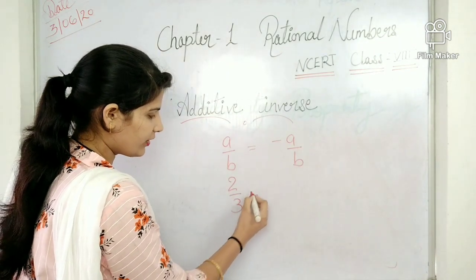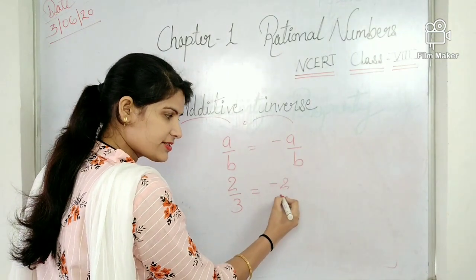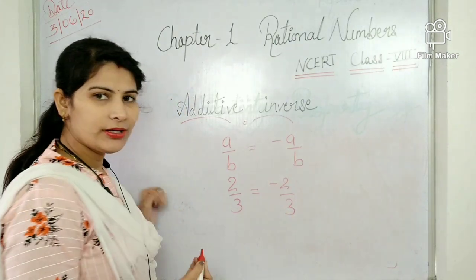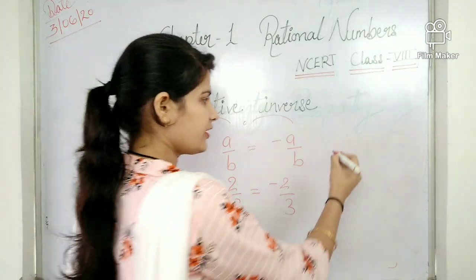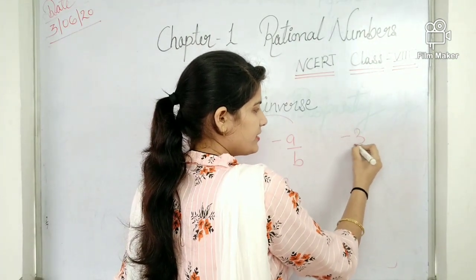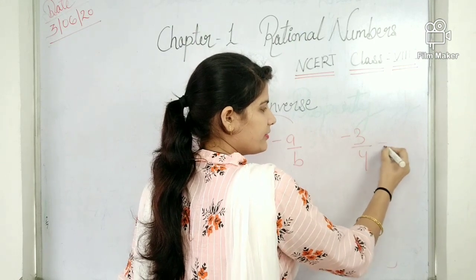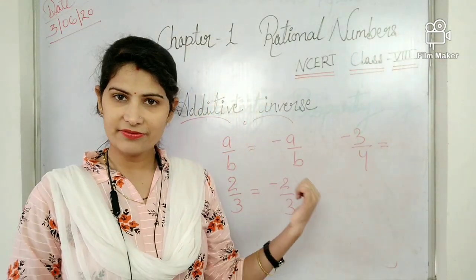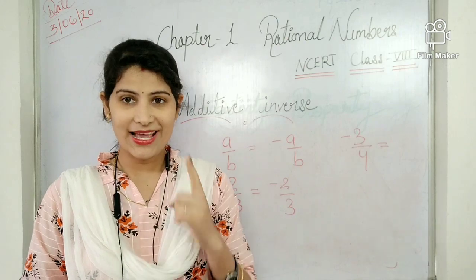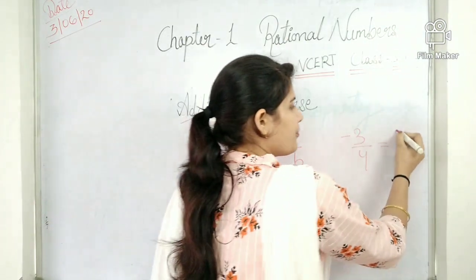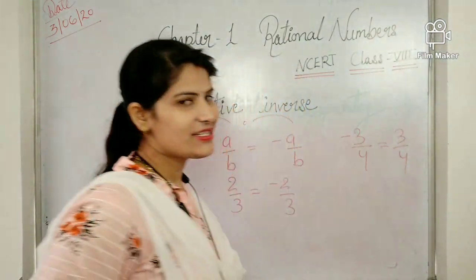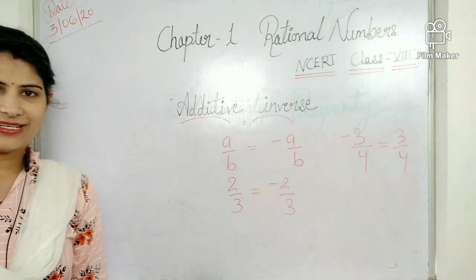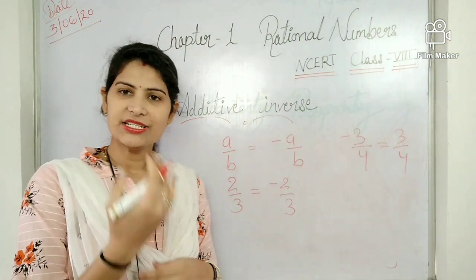The additive inverse of 2 upon 3 is minus 2 upon 3. Okay. Now tell me, what is the additive inverse of this number? Yes, absolutely right, 3 upon 4. This is the additive inverse of these numbers. It means the sign will be changed.